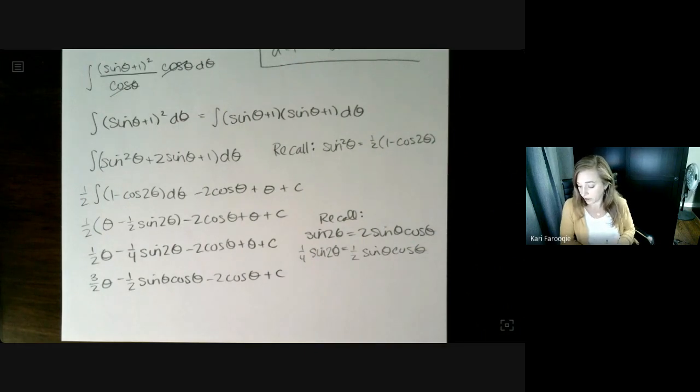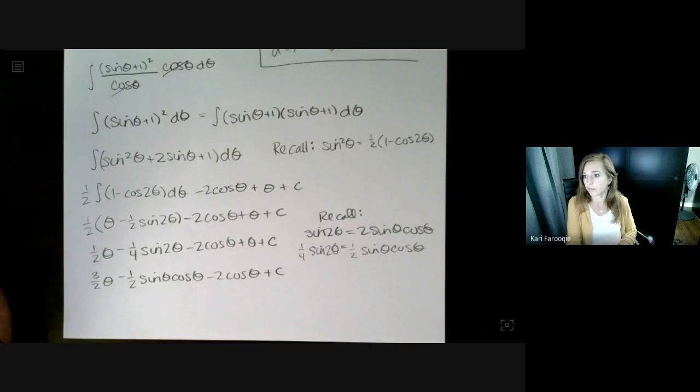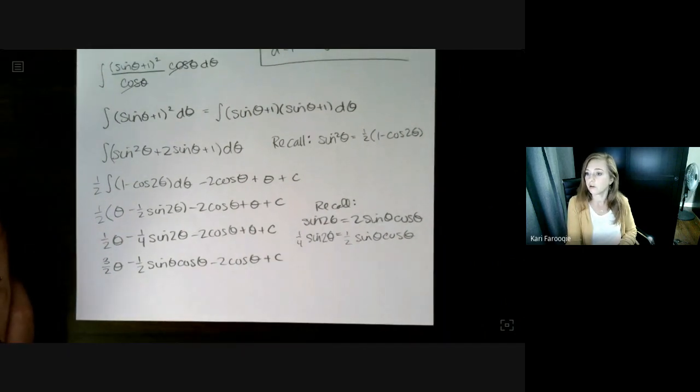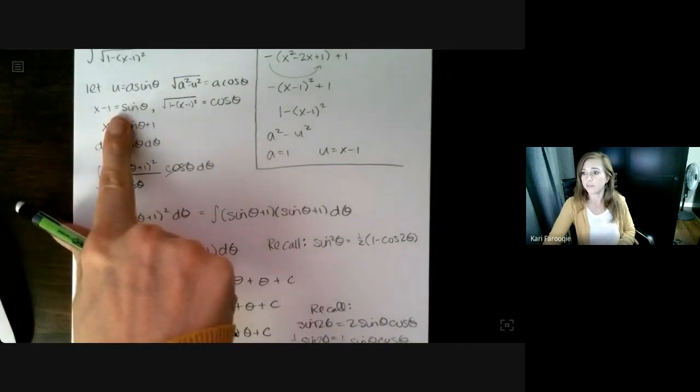Now we need a sine theta, a cosine theta, and a theta. Well, we have sine theta and cosine theta that we already put together using the information from our trig substitution way back when. So sine theta is x minus 1 right here.